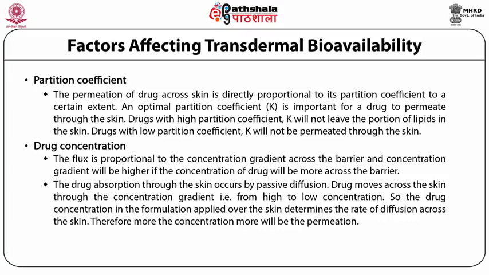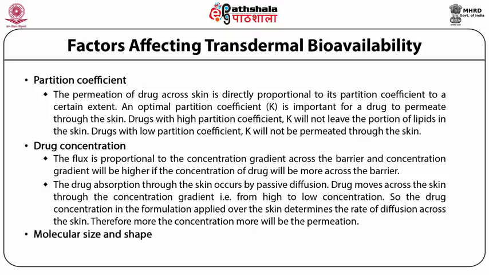Drug moves across the skin through the concentration gradient, that is from high to low concentration, so the drug concentration in the formulation applied over the skin determines the rate of diffusion across the skin. Therefore, the more the concentration of the drug, the more will be the permeation through the skin.